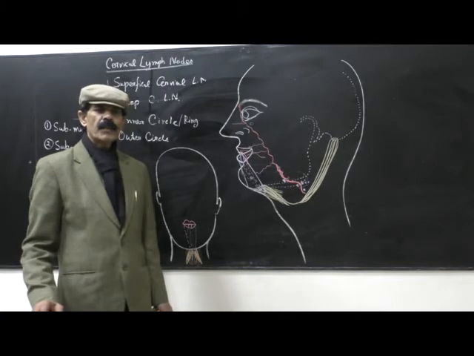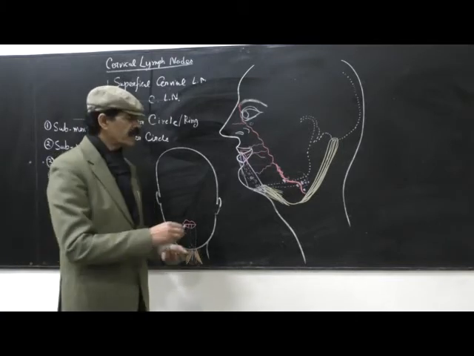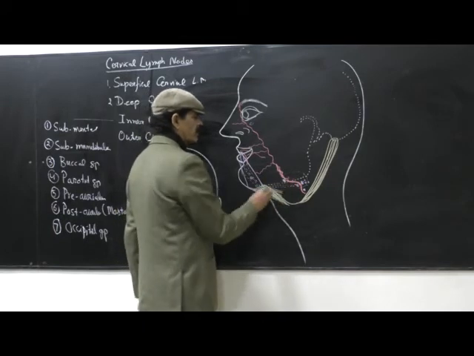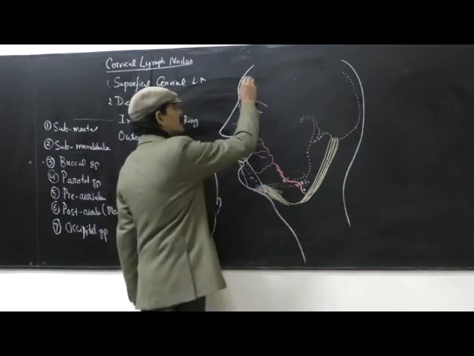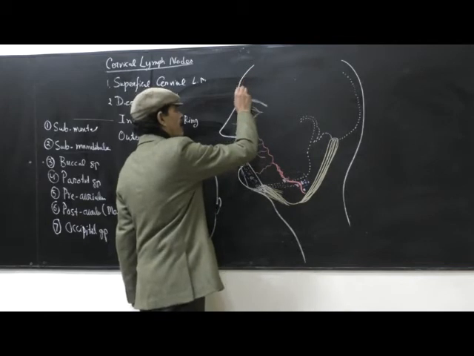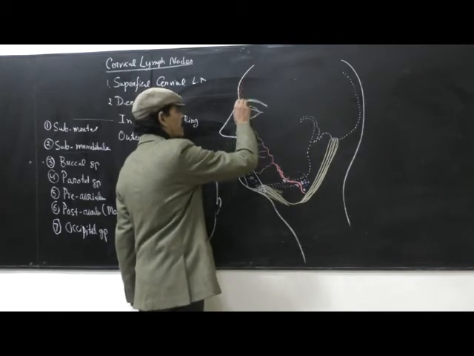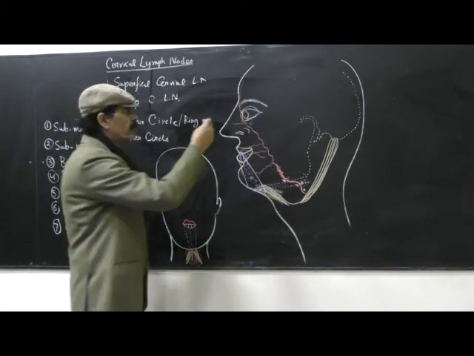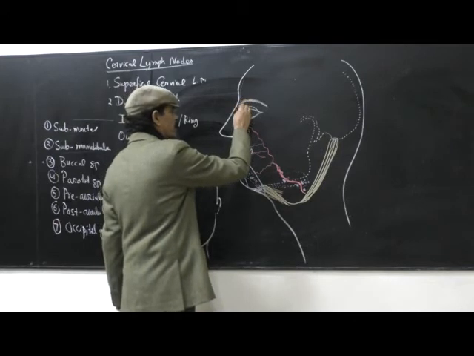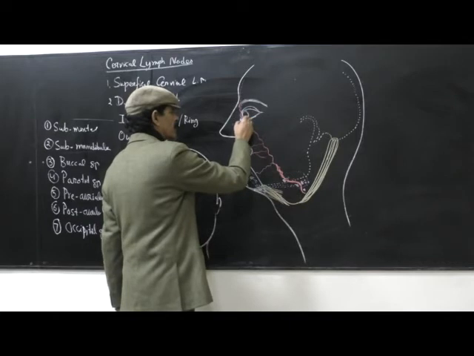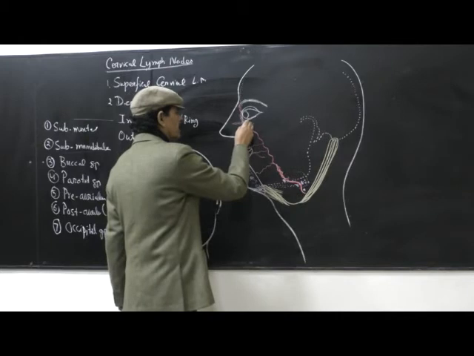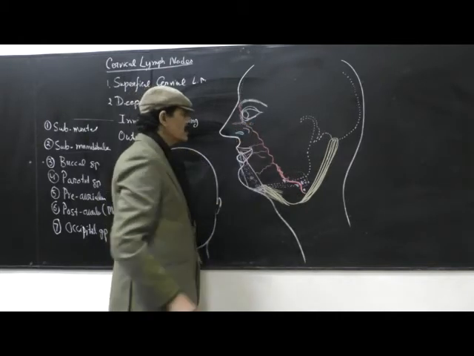These submandibular lymph nodes receive afferents, number 1, from the submental group of lymph nodes, plus they receive lymph from the central part of the forehead and the medial canthus or medial angle of the eye area, plus the external area of the nose, side of the nose.